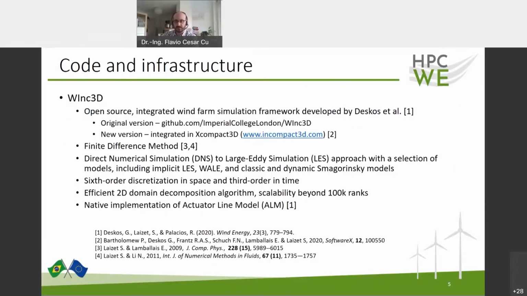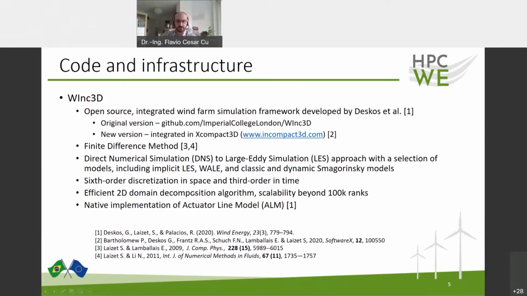The simulations I show you today are based on Wind3D. That's an open source integrated wind farm simulation framework developed by Deskos et al. I will show results using this original version from Deskos, and also a new version that's integrated in Xcompact 3D.